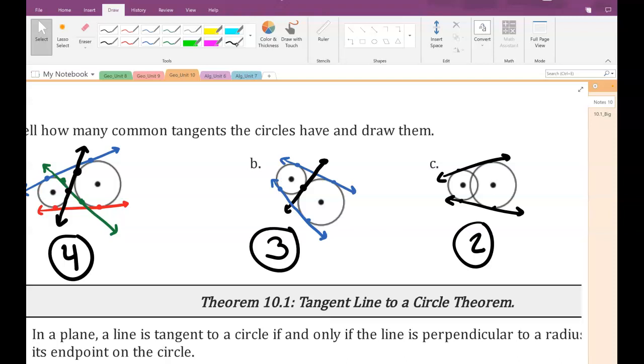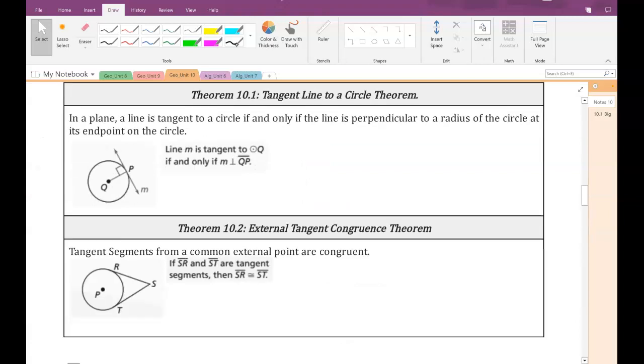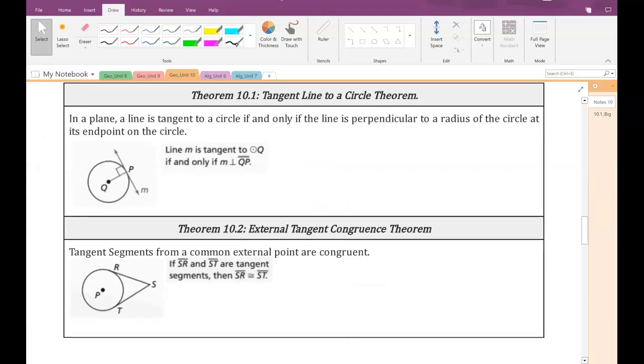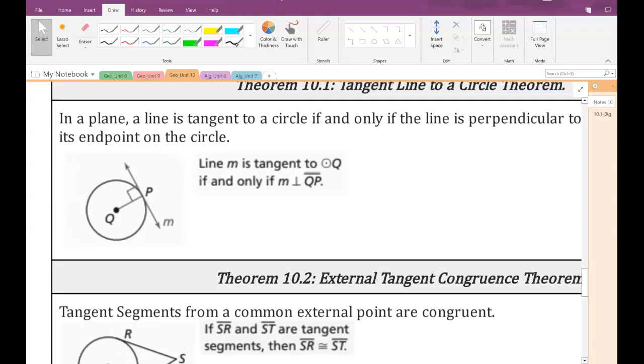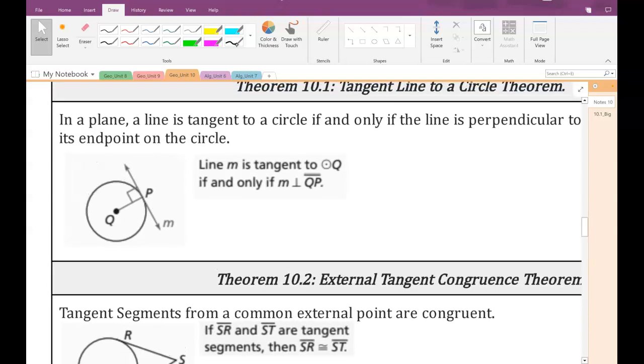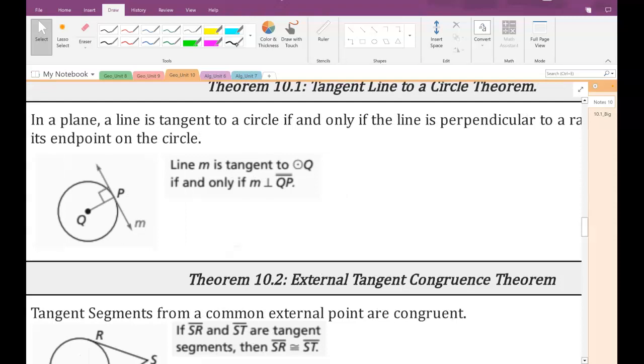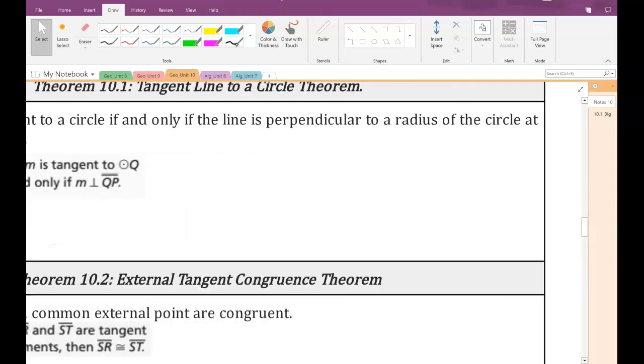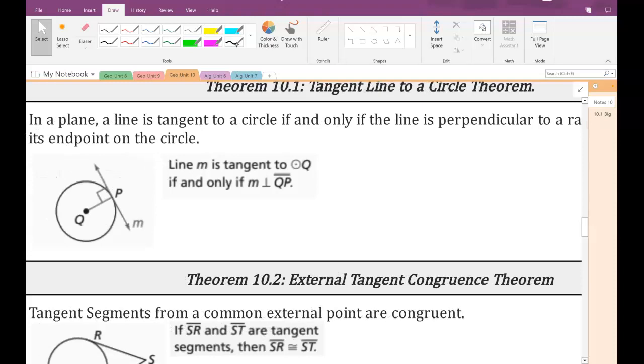All right, so we'll keep going. Now we're going to introduce our two big theorems that we'll work with. Our first one, the tangent line to a circle theorem. If we have a plane and a circle in it, the line is tangent to a circle if and only if the line is perpendicular to the radius of the circle at its endpoint. So really, a line is only tangent if it makes a 90-degree angle with your radius.